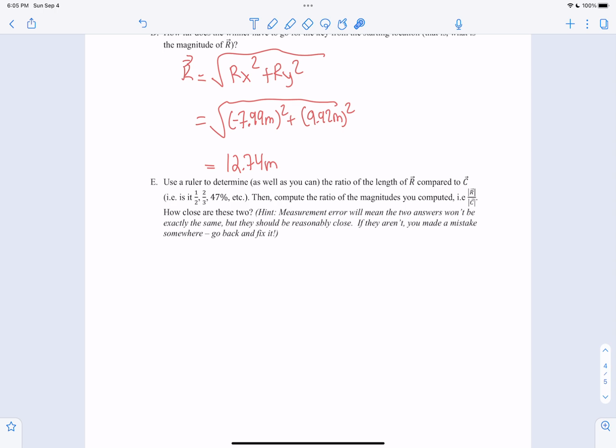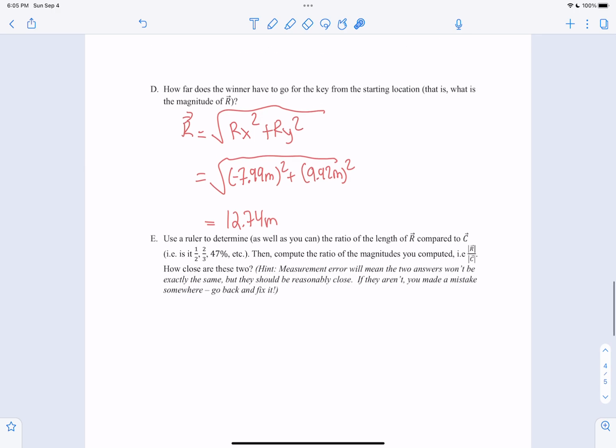As long as you have the steps correct, like if you were able to use a ruler or eyeball or whatever and get the magnitude of R and the magnitude of C, take the ratio of the two, then that's by measurement, and then compare it to the ratio of the magnitudes that you have.